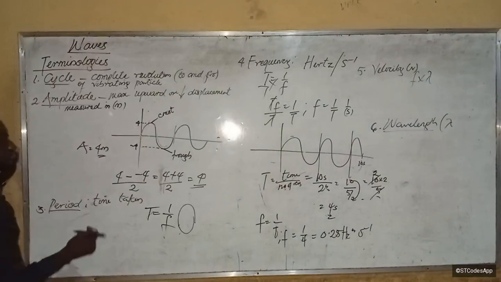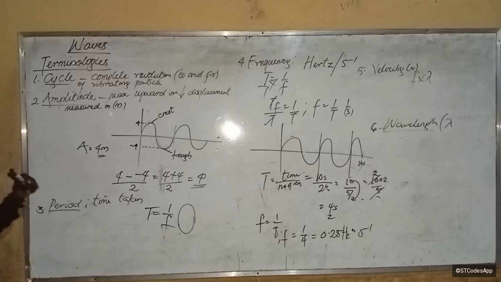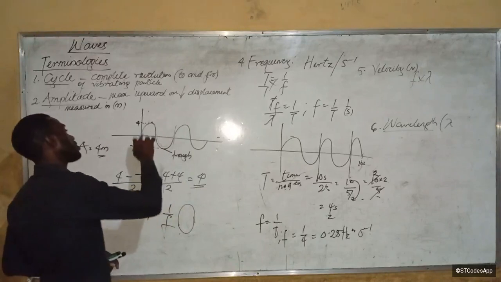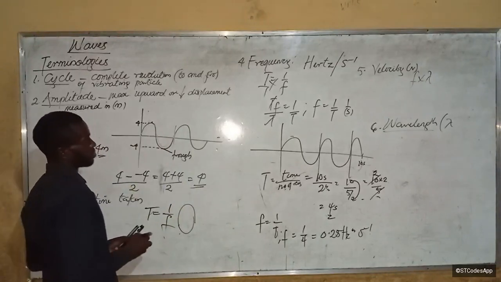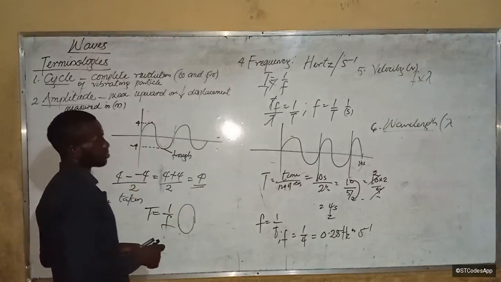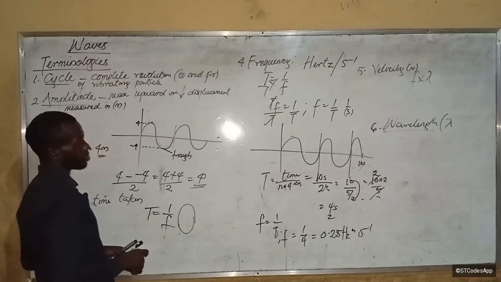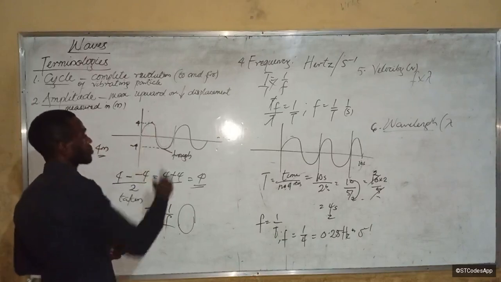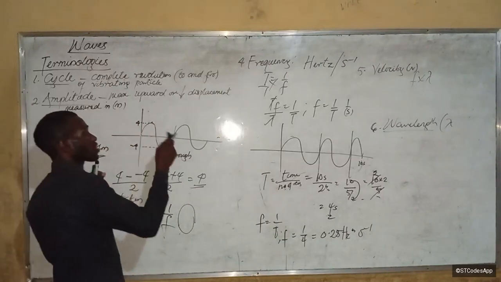So let me show you the definition. That definition is very useful. So it is the distance between any two successive crests.